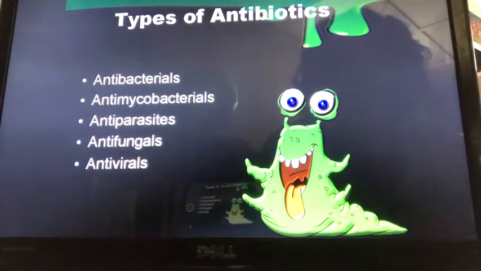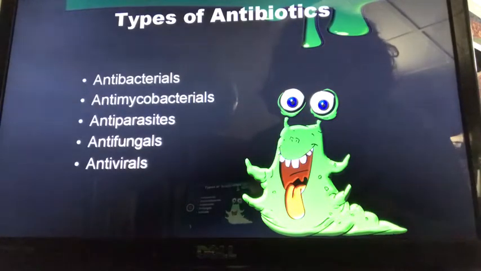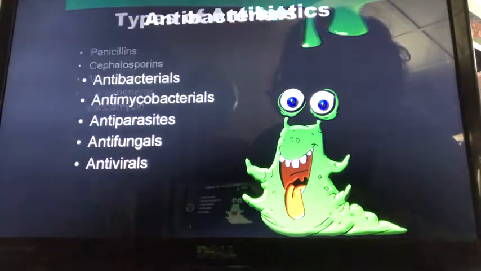So, types of antibiotics. Antibiotics is a general term. It can mean antibacterials, antimycobacterials, antiparasites, antifungals, and antivirals. So, all different kinds of microorganisms getting murdered by these antibiotics.